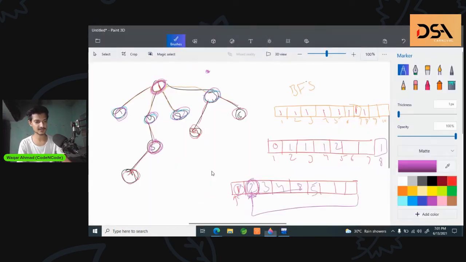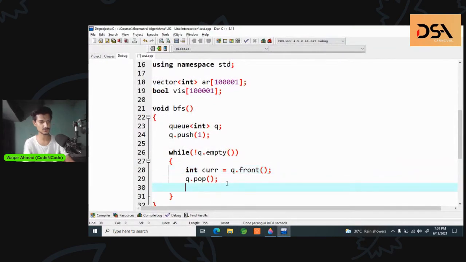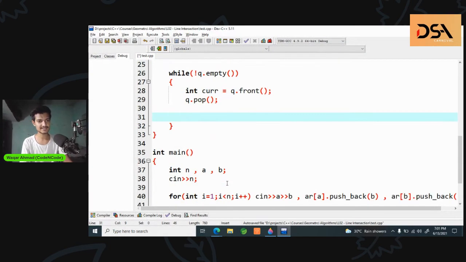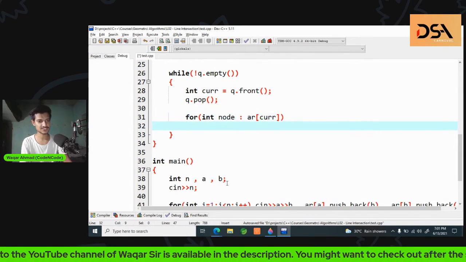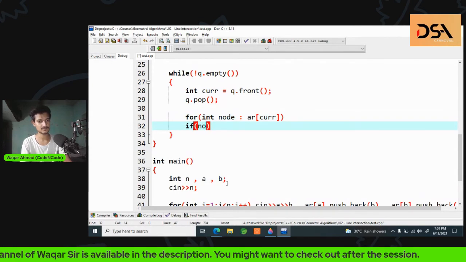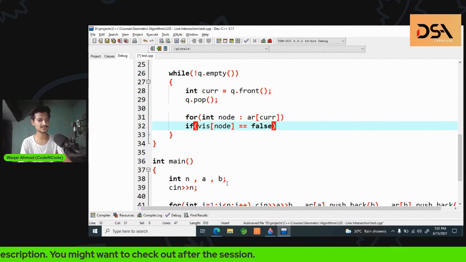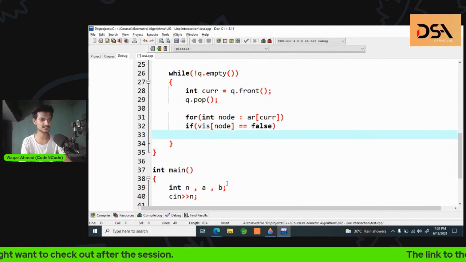Current represents the node we need to process. To process it, in the adjacency list of the current node, you process each node one by one and check whether it is visited or not. If it is not visited, you need to insert it into the queue.